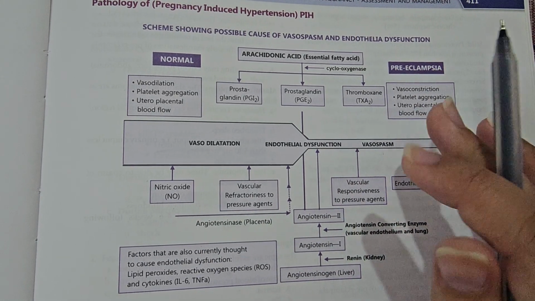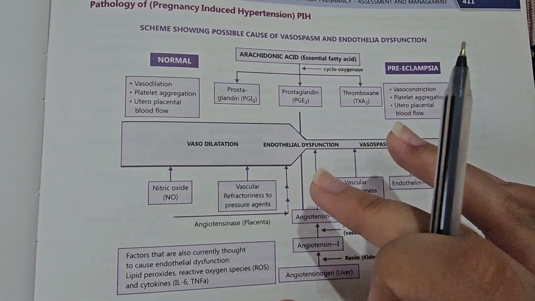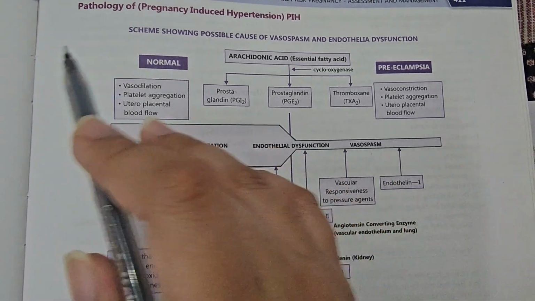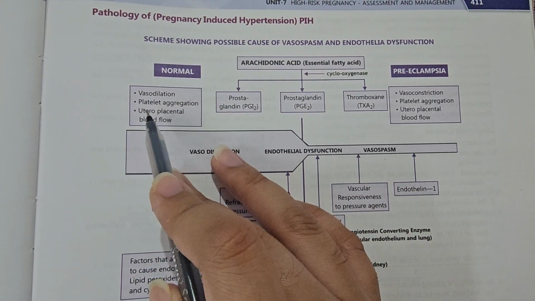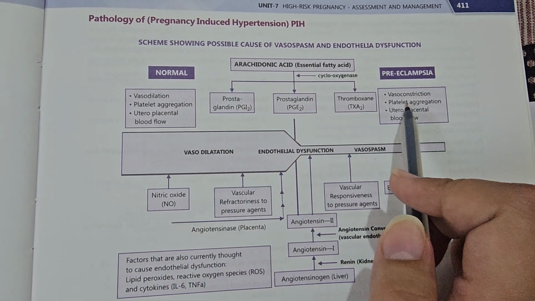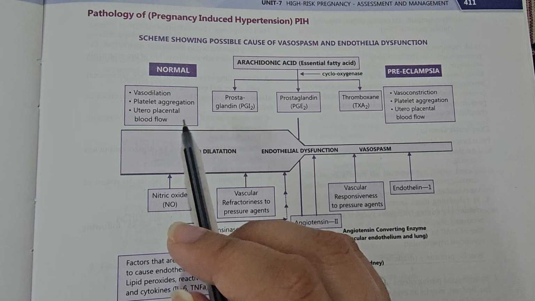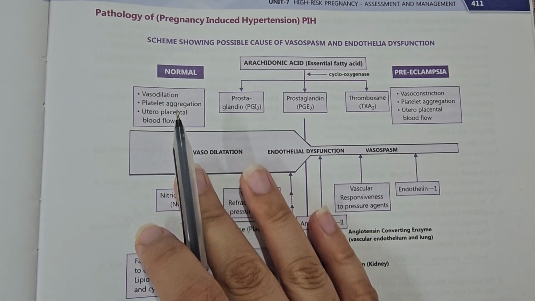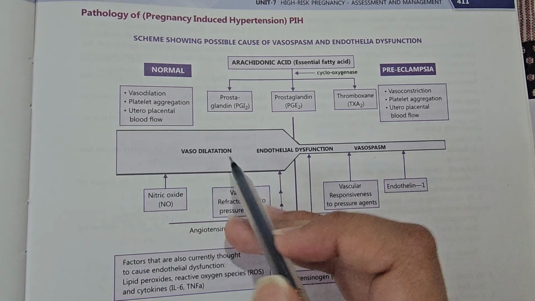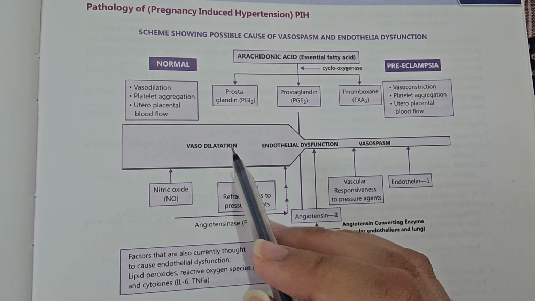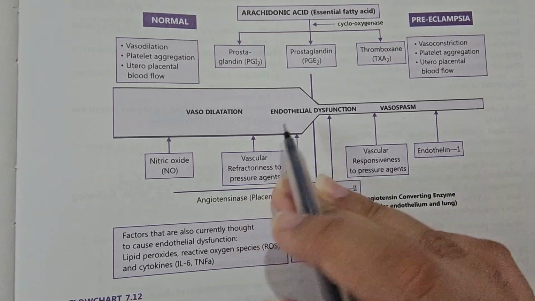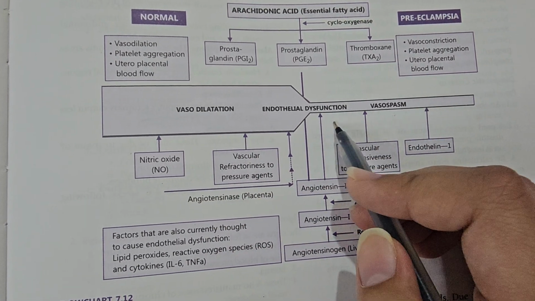Why? Because of abnormal development of placental capillary spiral arteries. Normally there is vasodilation and platelet aggregation in a normal amount, but here platelet aggregation is in a high amount, affecting uteroplacental blood flow. So nitric oxide is reduced, and that leads to endothelial dysfunction.